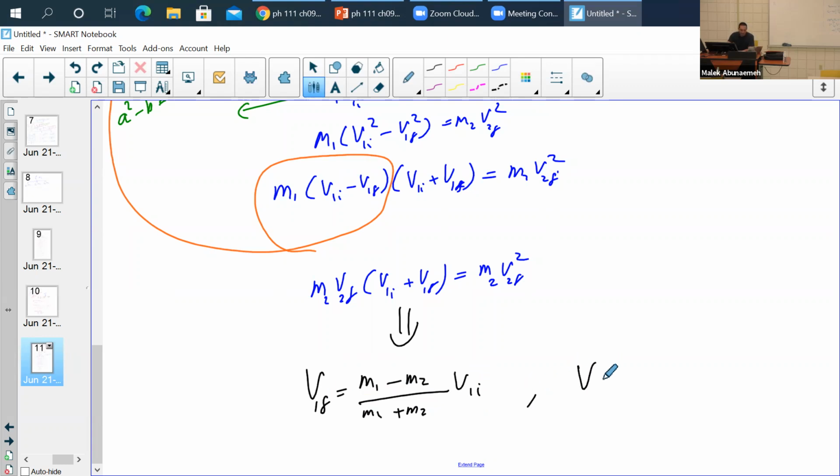If you solve it for V2 final, what you should have is 2 M1 over M1 plus M2 times V1 initial.